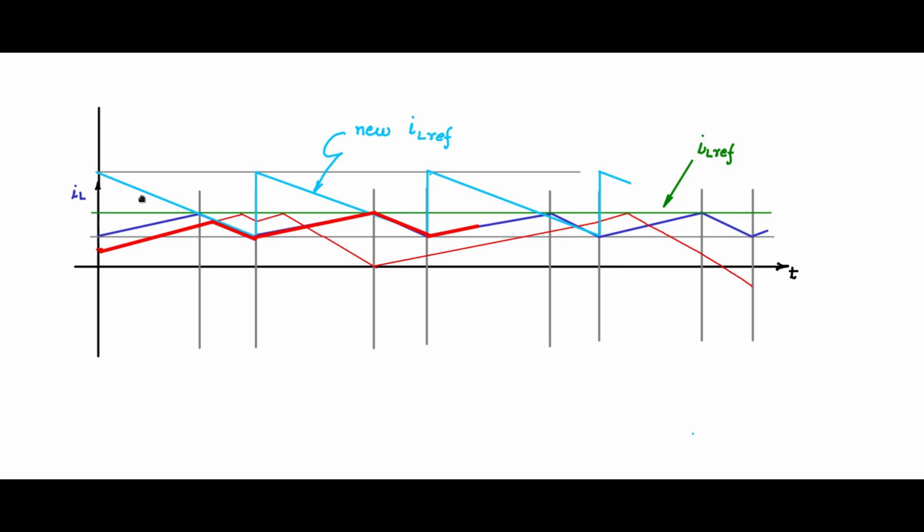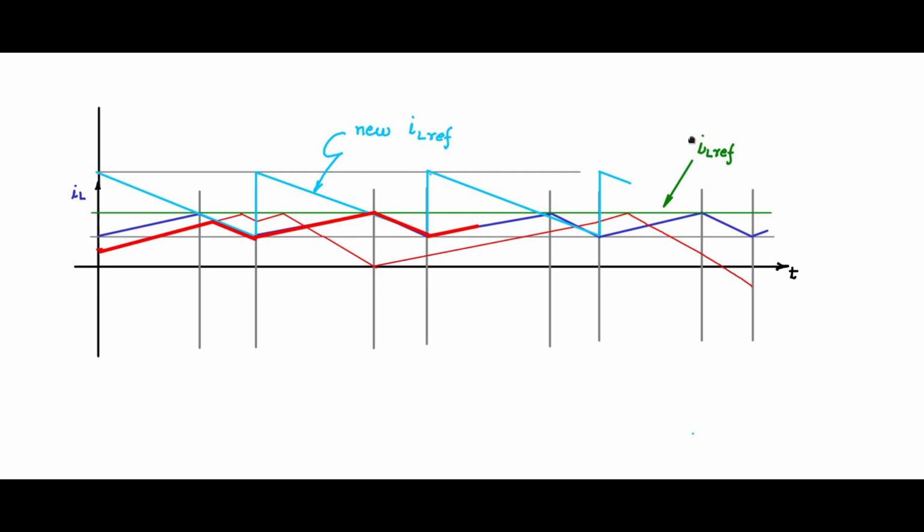This is the beauty of having this type of sloped, sawtooth-shaped IL ref. You should give the IL ref a slope equal to the falling slope of the inductor current. Then you are safe and the error will be removed within a cycle. So how do we give a slope?